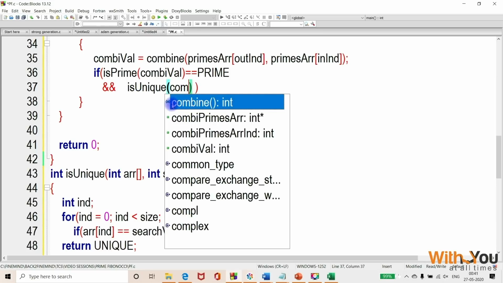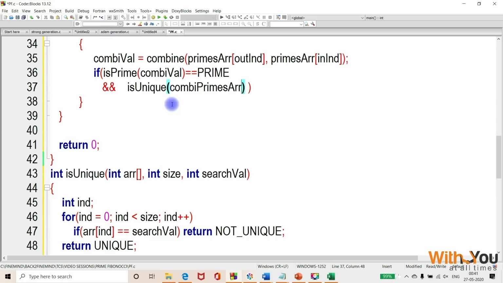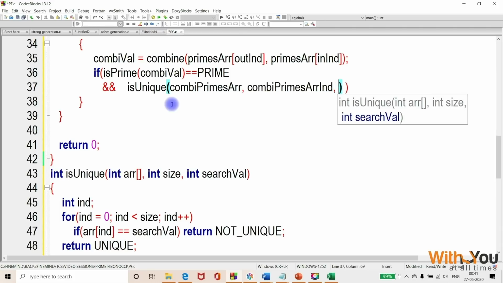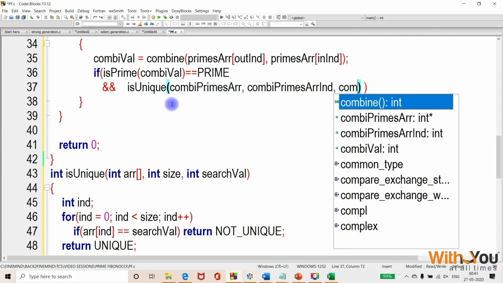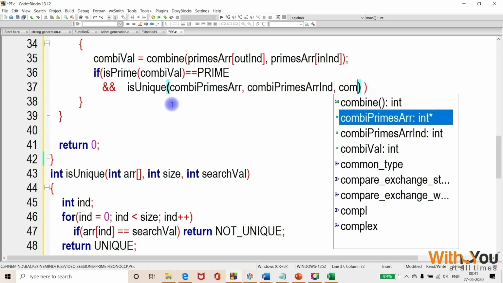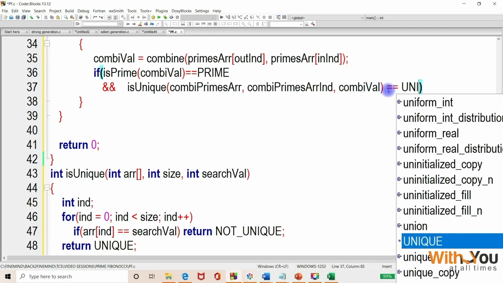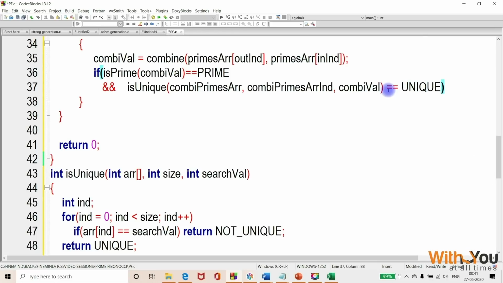Remember, combi primes ARR is the array. Who knows the size? Combi primes ARR IND knows the size. And what is the value to be searched? Combi val is the value to be searched. If it is equal to unique, then yes, I want him with me.